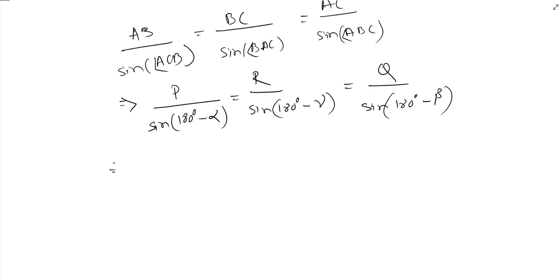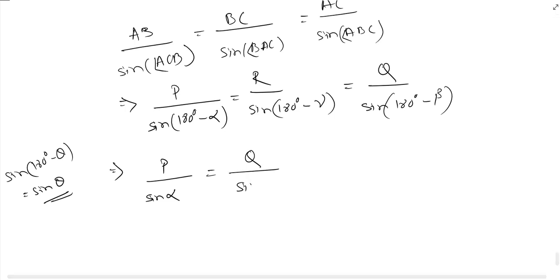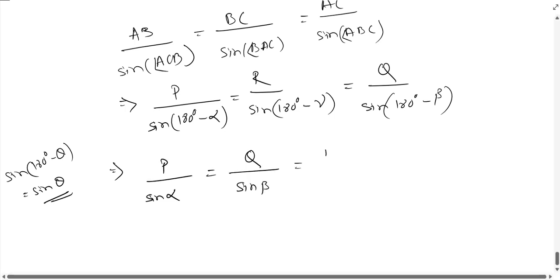And we know sine 180 degree minus theta is equal to sine theta. So we will get P by sine alpha equal to Q by sine beta equal to R by sine gamma. Proved.